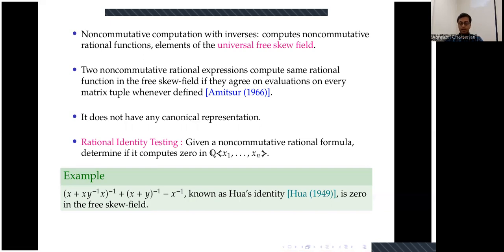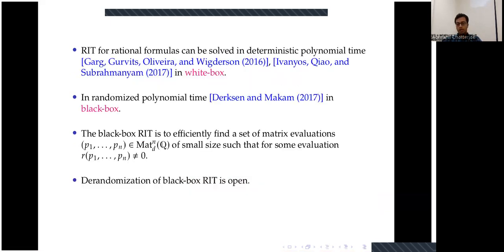So how non-trivial it is, just take this simple example, this identity, which is famously known as Hua's identity. How to prove that it is zero in the skew field? As we don't have any canonical representation, it is not immediate how to get an algorithm. So this problem is quite well studied in recent years.